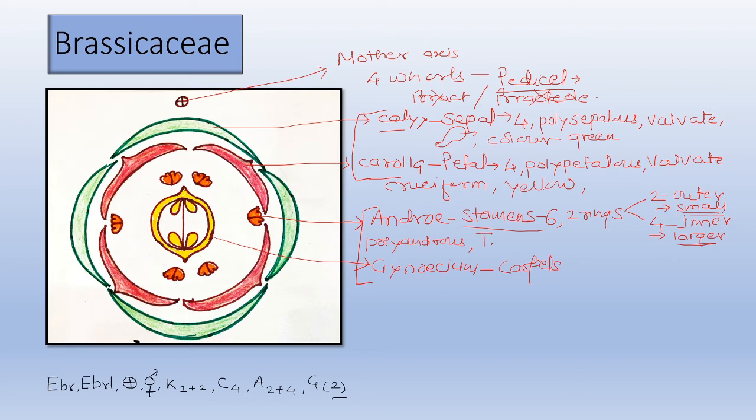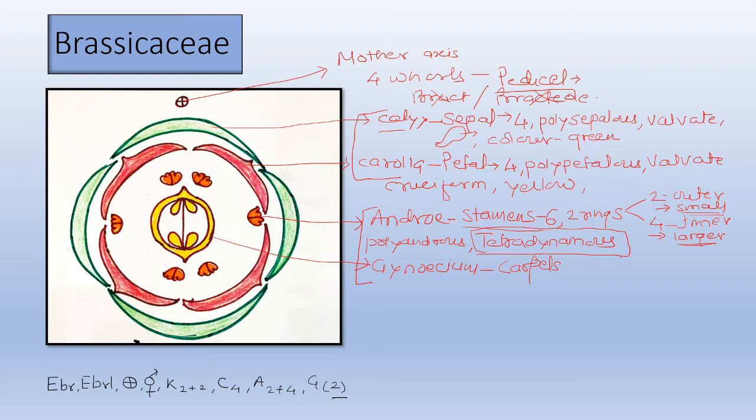This condition is known as tetradynamous condition. This is again one of the important characteristic features of the family Brassicaceae, the presence of tetradynamous condition.